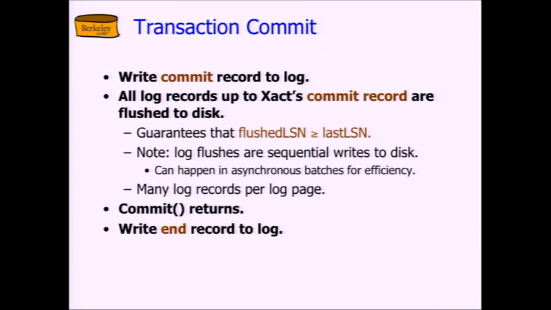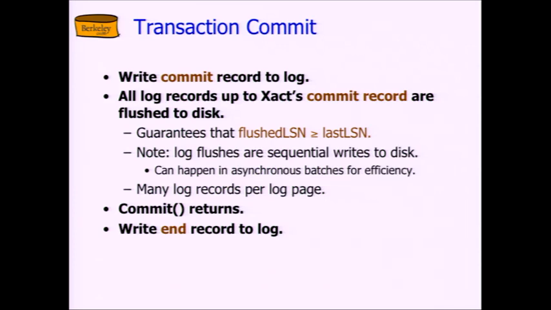But at some point, log records up to and including this transaction's commit record are flushed, guaranteeing that the flushedLSN, which is the LSN of the largest thing that's been flushed to the device, is greater than or equal to the last LSN of this transaction, because the last LSN of this transaction is the commit record. That's the last log record we generated for this transaction, and its commit record is on disk. At this point, write-ahead logging has been observed.